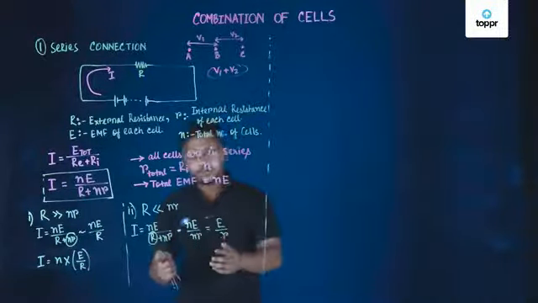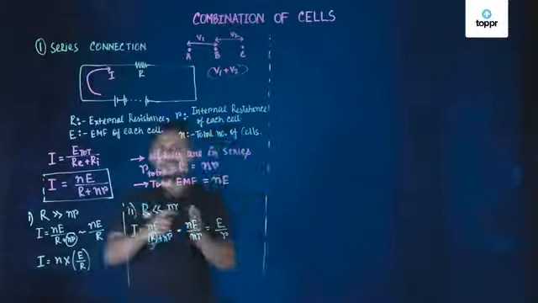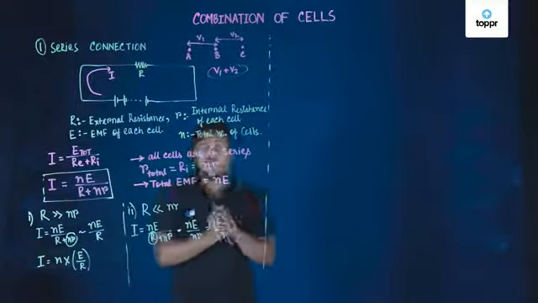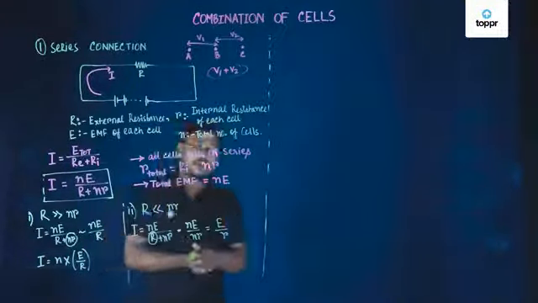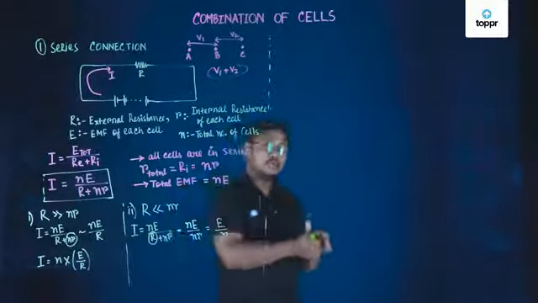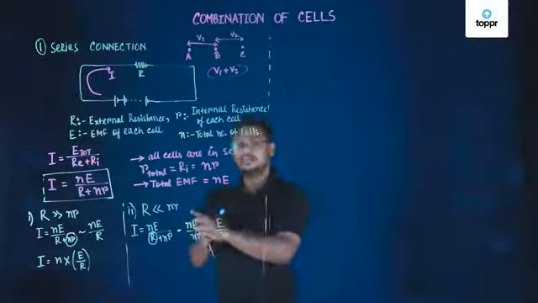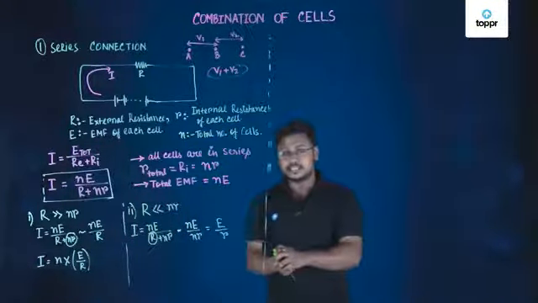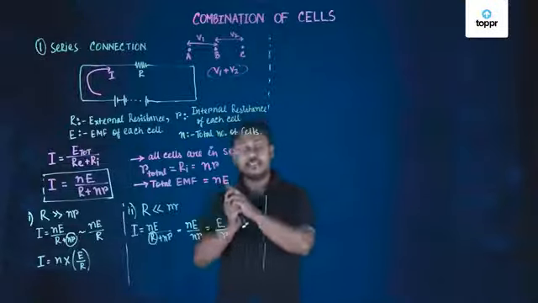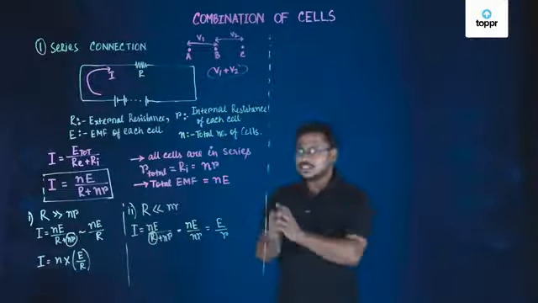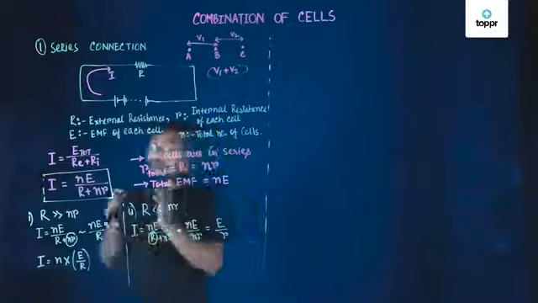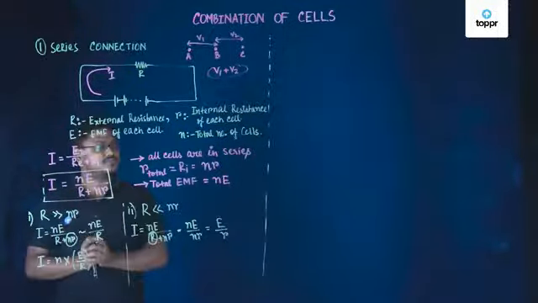So we can say when the external resistance is very much less than the total internal resistance, the current flowing through the circuit is equivalent to the current that would have flown if you connect only a single cell having internal resistance very high compared to the external resistance. So these are just simple applications of the limiting cases based on this formula.